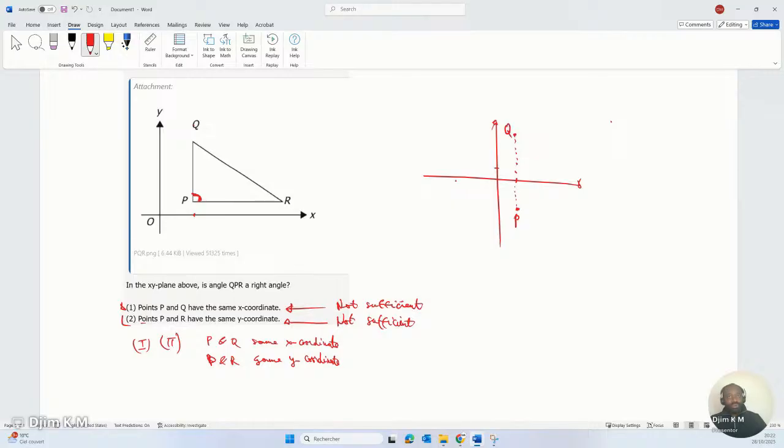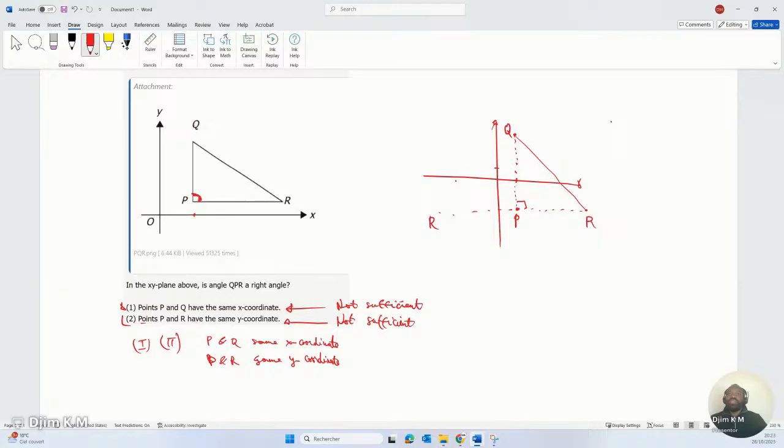And P has the same y coordinate as R. R can be here, or R can be, let's say, here as well.